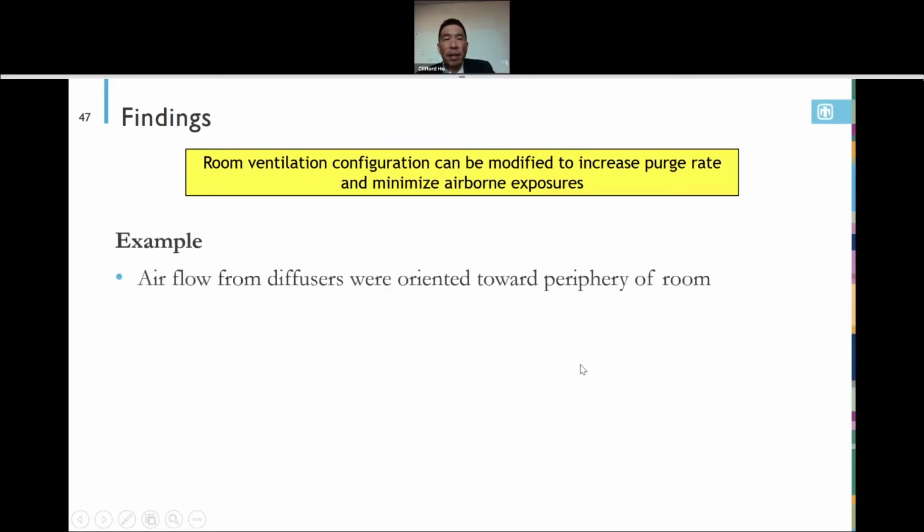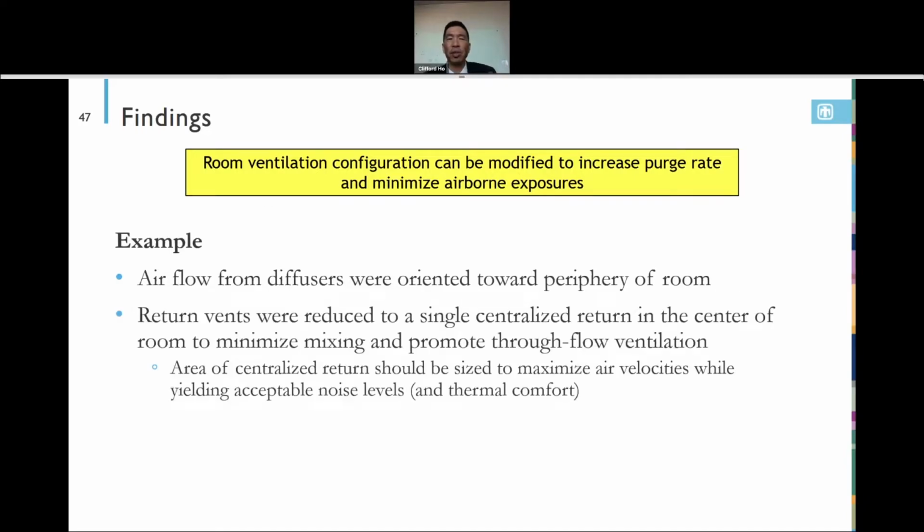The example that we investigated in our testing was to orient the diffusers towards the periphery of the room and allow for a central return in the middle of the room. So it had the sort of once-through flow from the periphery towards the middle. And if you seat individuals such that no one's downwind of anyone, you could have the circle seating and minimize the exposure.